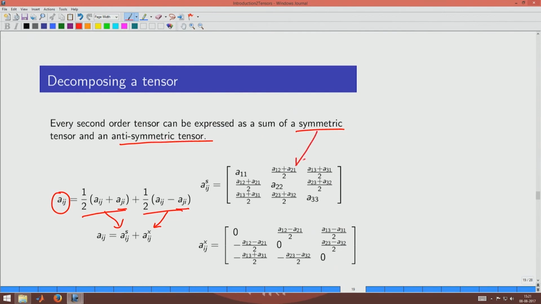So, this is the symmetric part and this is the antisymmetric part. Okay, so, this also helps us later on. Okay, when we look at the stress tensor, for example, we want to separate it into the symmetric part and the antisymmetric part, because we do not want the antisymmetric part to make any presence in our equations for some reasons that we will discuss later on. So, the ability to split a tensor into two parts is something that we will need later on.